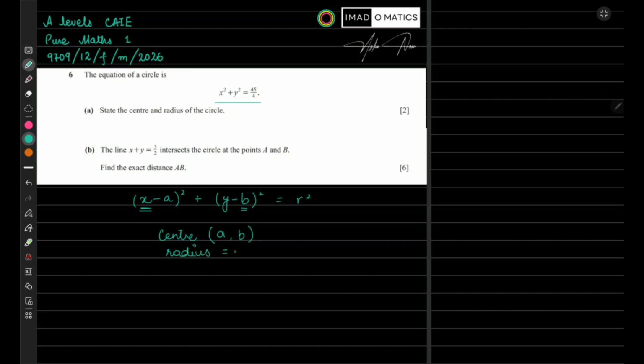So let's compare the standard form with this given form of the equation. If we rewrite that, it is (x minus 0) squared, because if anything is not subtracted, that means it's 0, plus (y minus 0) squared equals, whatever is given is actually r squared.